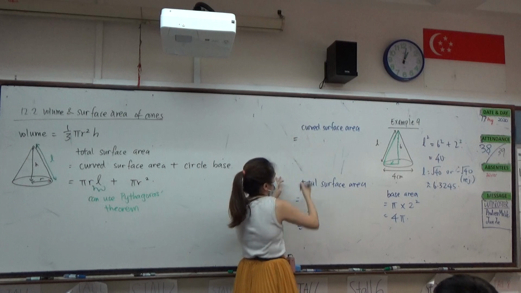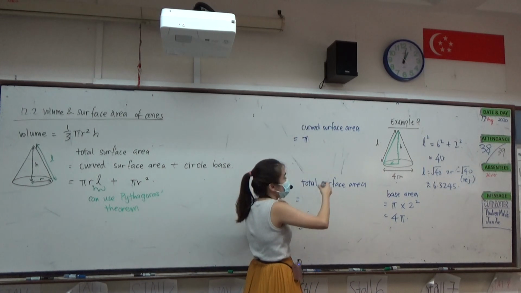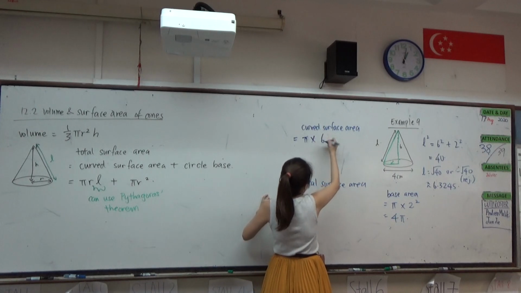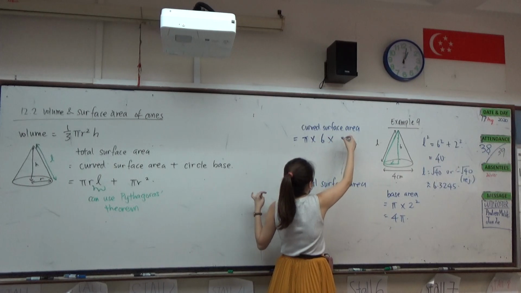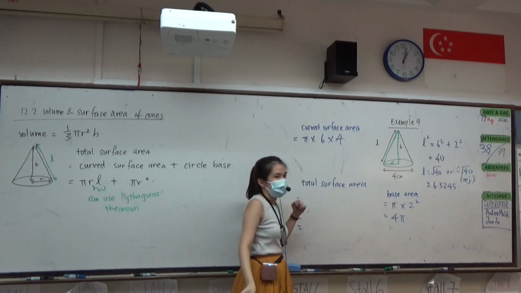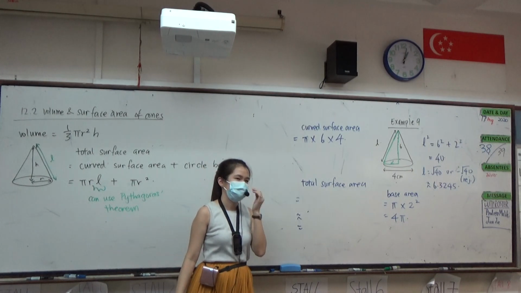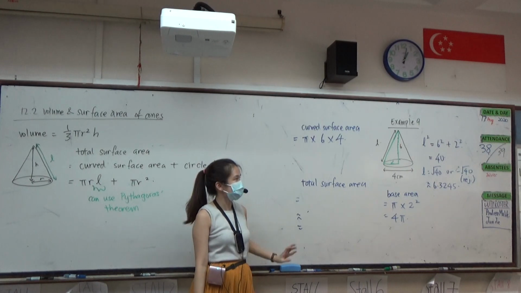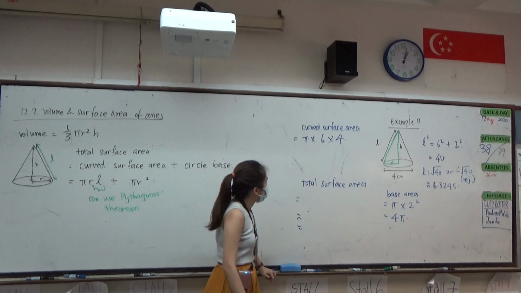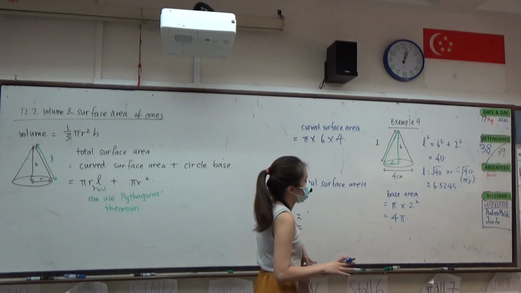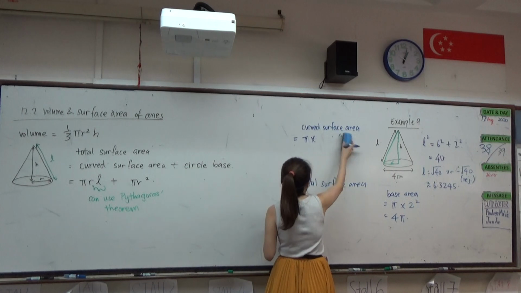Okay, so curved surface area is what? Pi times 6 times 4. Sure? Remove the 6. 6.3245 comes in.